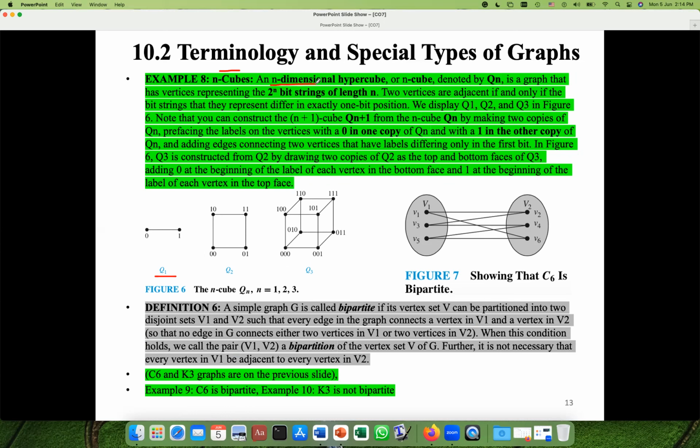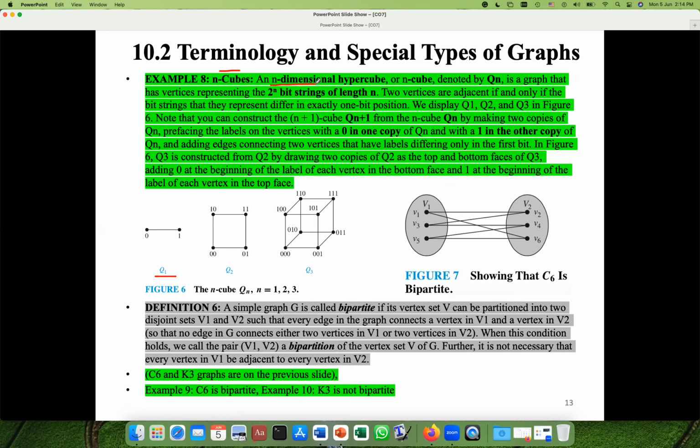So this is one thing that you have to keep in your mind. And the second thing is, in these graphs, when 2 vertices are adjacent to each other, the difference between those bit strings would be only 1 bit. For example, here it is 0 and here it is 1. That is 1 bit.